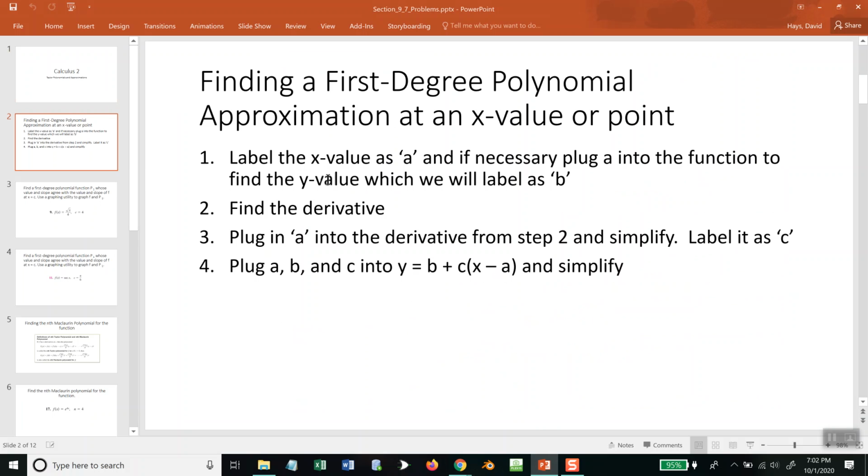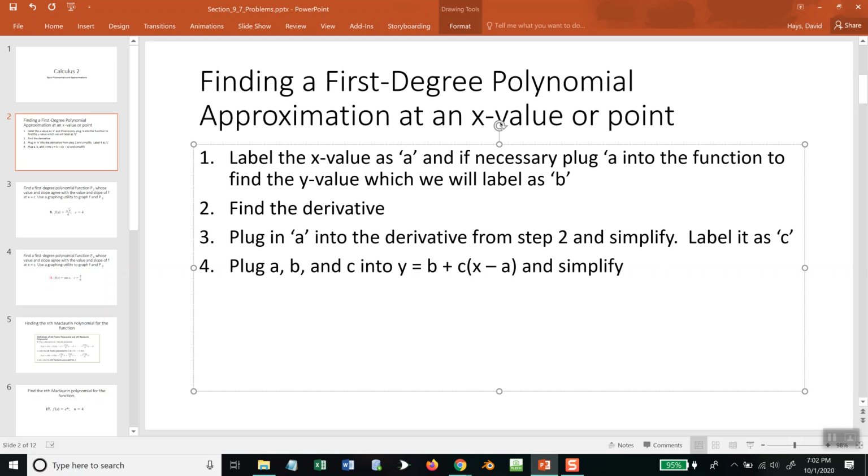Now here's our steps for finding a first degree polynomial approximation at an x value or a point. Step 1, label the x value as a, and if necessary, plug a into the function to find the y value, which we will then label as b. Step 2, find the derivative.